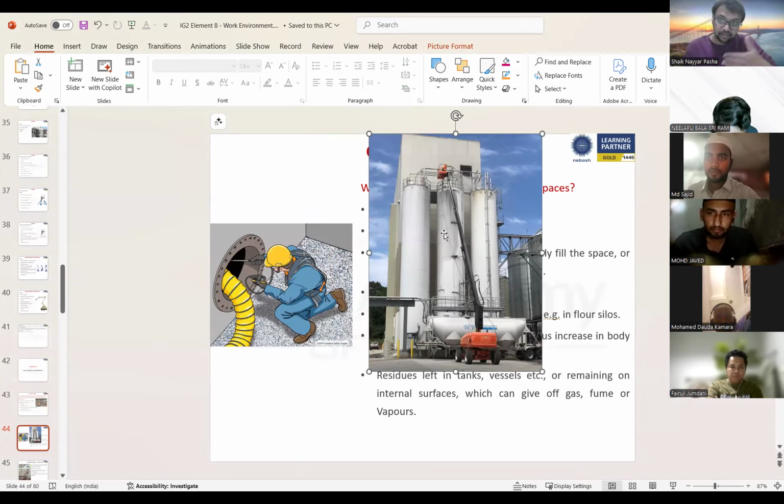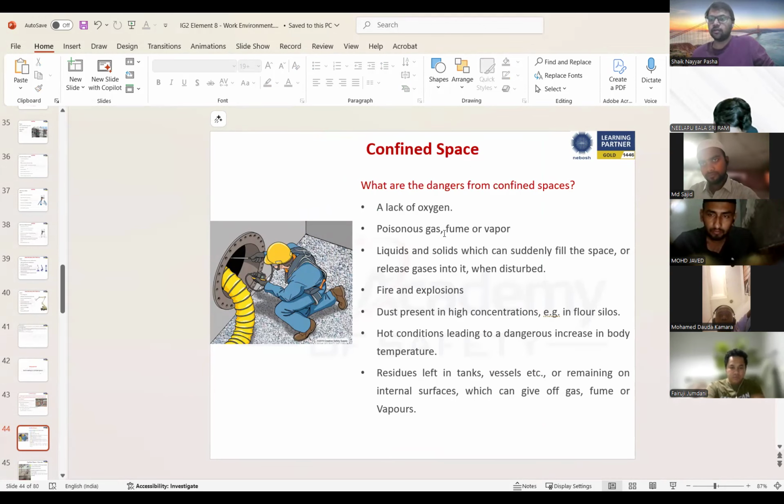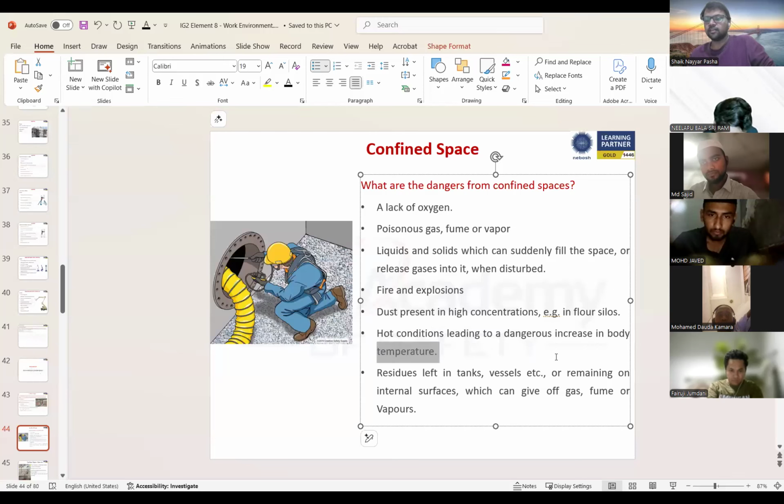So even the maintenance of the silos means workers might have to enter and do the job. So: enclosed, poor lighting, no proper ventilation, increase in the body's temperature. They might breathe dust particles while cleaning the walls of the silos. That could result in chemical hazard as well, or hazardous substances. Hot conditions, increase in dangerous temperature. Residues or waste left in the tank or vessels remain on internal surfaces, which can give off gas, fumes, or vapors when you are doing the job.